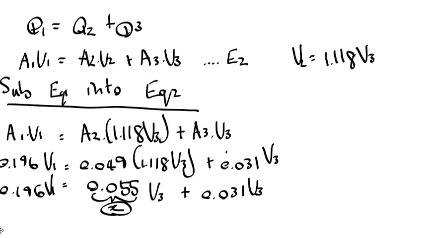So we've got this in terms of V3, so we can add these two values together. You don't even have to store that one in X, but you can.